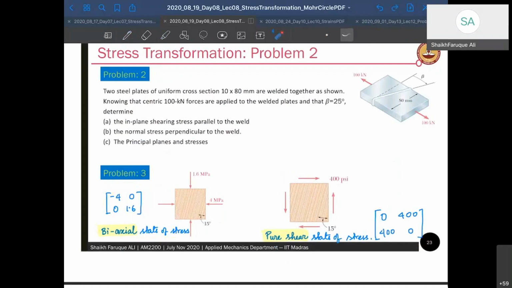So the matrix will get -400, -400. Yes, that is also compressive. Yes, here it's correct, right? Yeah, 400, 400, right? So some of you do A, some of you do B. Okay. So I hope it won't be difficult for you to draw the Mohr circle quickly and do it.